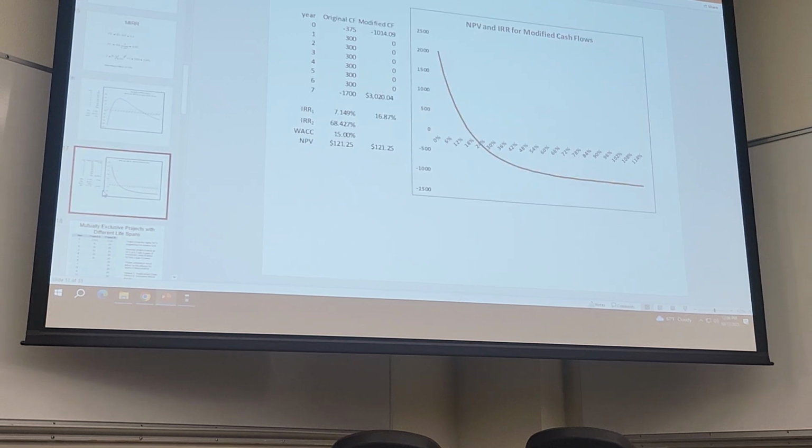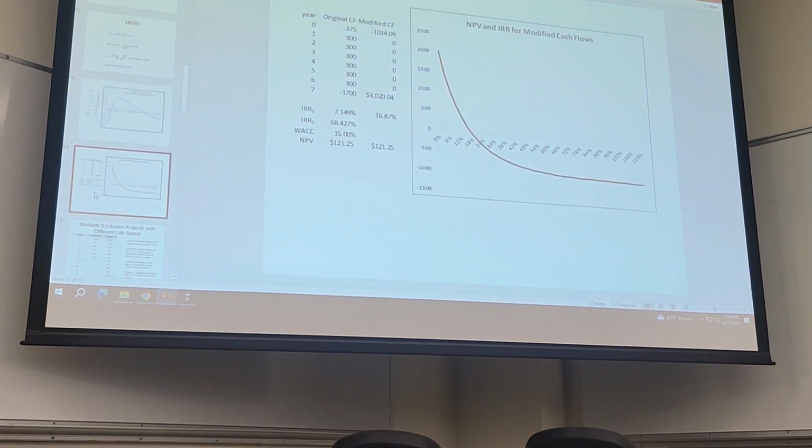Here's what happens once we did that. Those are the modified. That's like a regular NPV profile. That's all from these cash flows here, but for different discount rates, right? And you can kind of see that the IRR for the modified cash flows is 16.87%. So as long as the discount rate's below that, this is a good project.